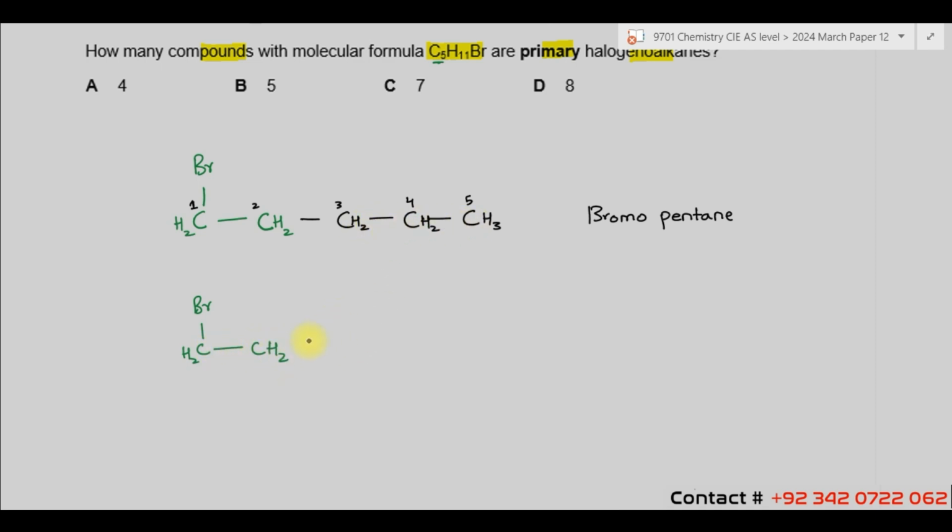Now instead of 3 we can make a branch. So 1, 2, 3, 4. There are 4 carbon atoms in long chain. On third carbon we have methyl group. So we have 1 bromo, 3 methyl butane.